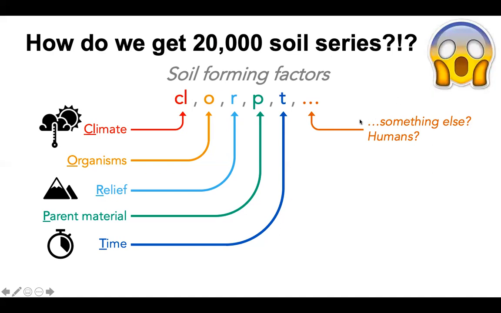Human effects on soil are so unique that humans should be something else. I'm not smart enough to tell you if that's right or wrong, but that is a conversation that soil scientists are having currently today.